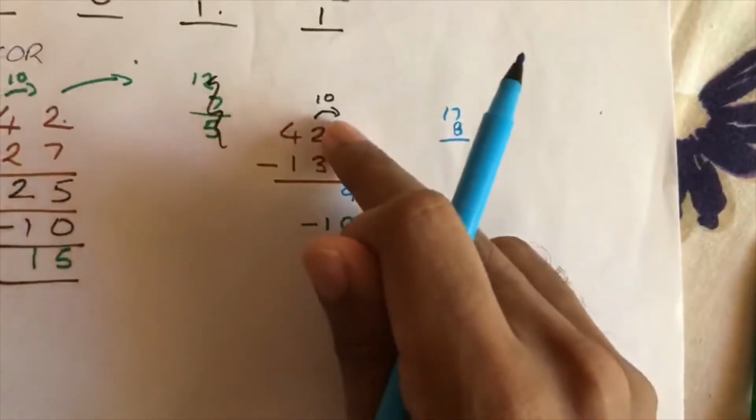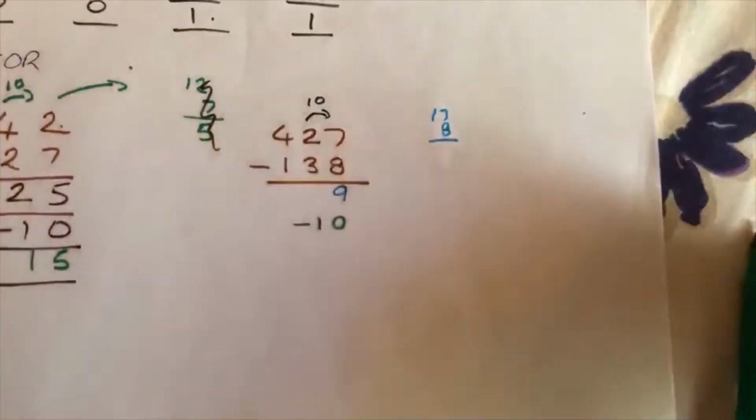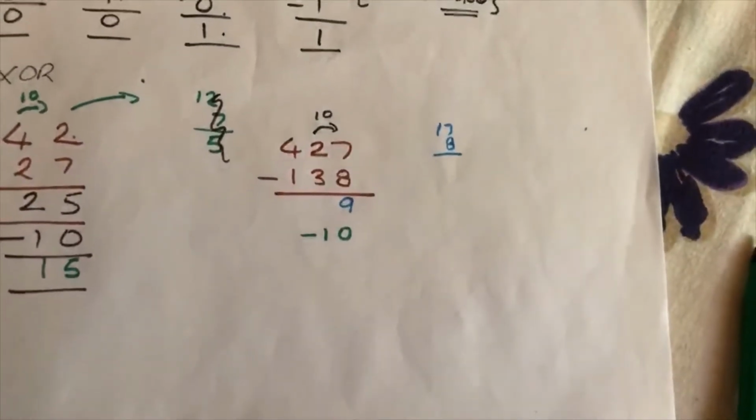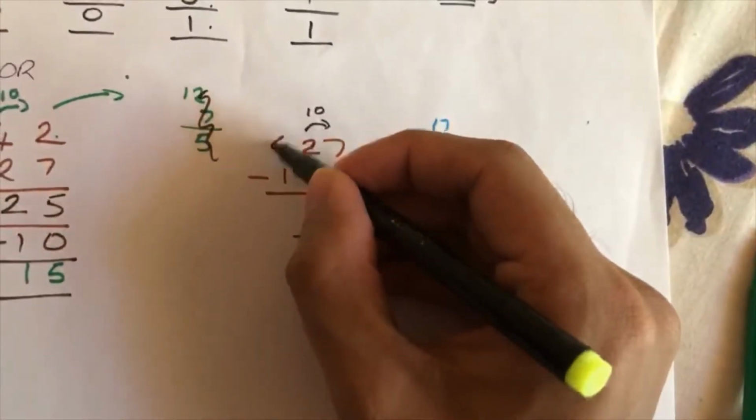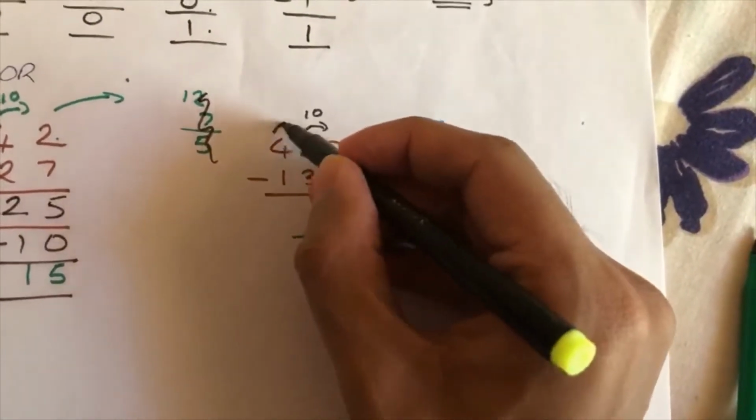Then next, 2 minus 3, again it is difficult, so you need to borrow from here. Now this 4 is in the hundreds place, right? Ones place, tens place, hundreds place. So you are borrowing 100 actually.